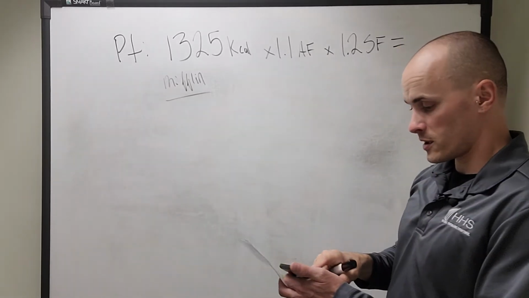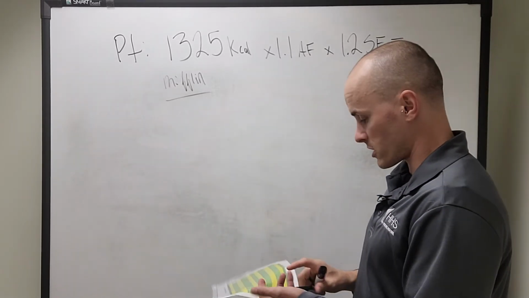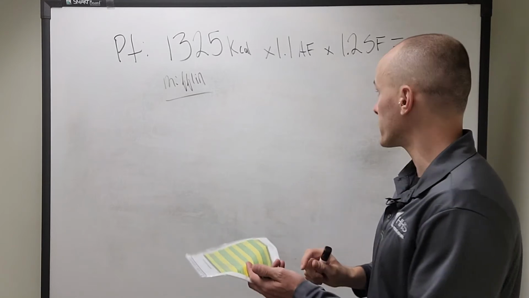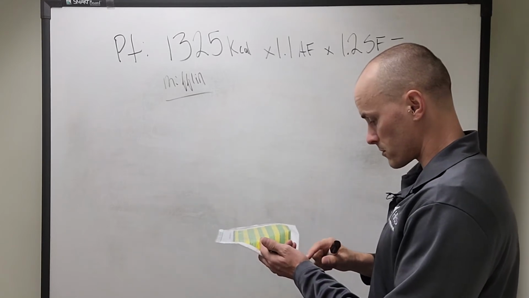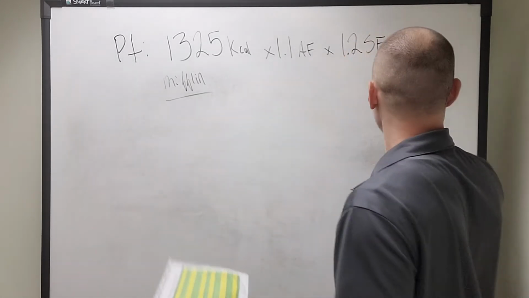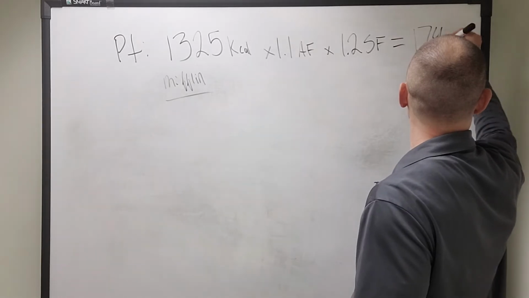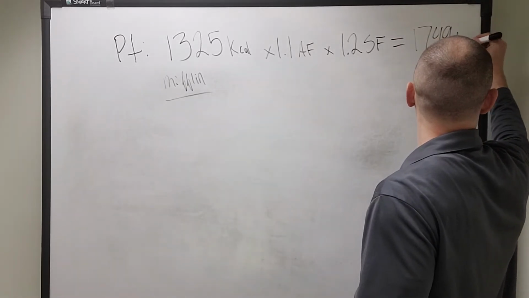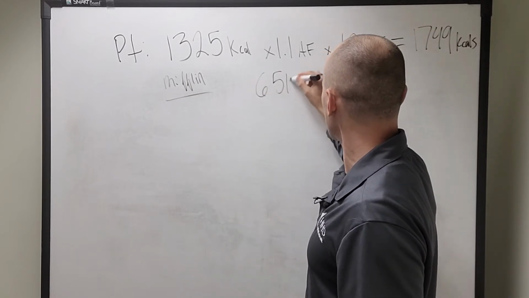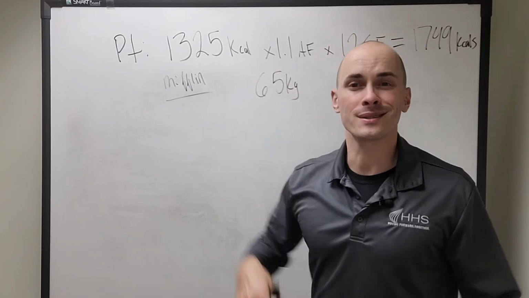So we're going to take the needs generated by the Mifflin equation and multiply by the activity factor and multiply by the stress factor. That's going to give us her total caloric need. So that comes out to 1749 kcals.